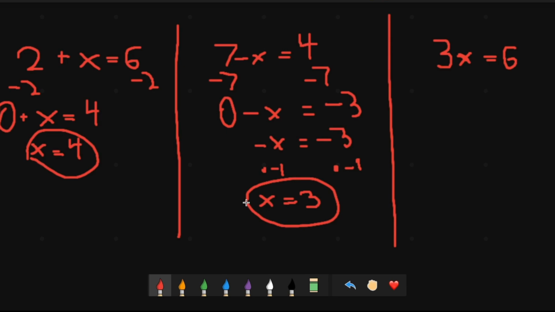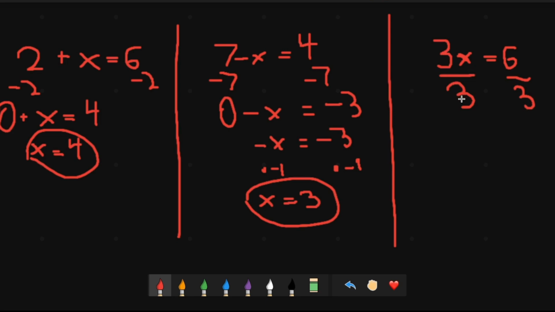Now let's move on to our final equation. Over here we see that 3 is being multiplied by x, which means that in order to isolate the variable, we need to divide by 3. And we need to do the same thing on the other side of the equation as well.